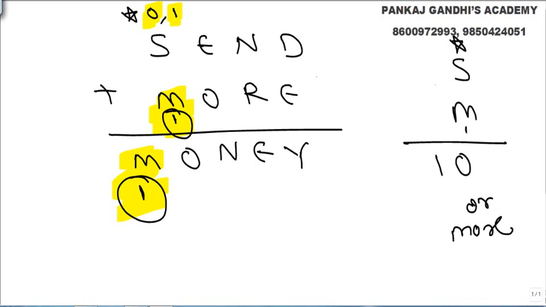Now M is 1, and S maximum can be 9. Now if the carry forward is 1 and S is 9, what will we get? 9 plus 1, 10, plus 1, what we will be getting is 11.